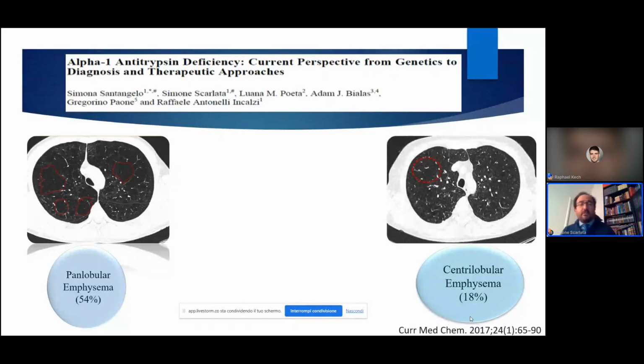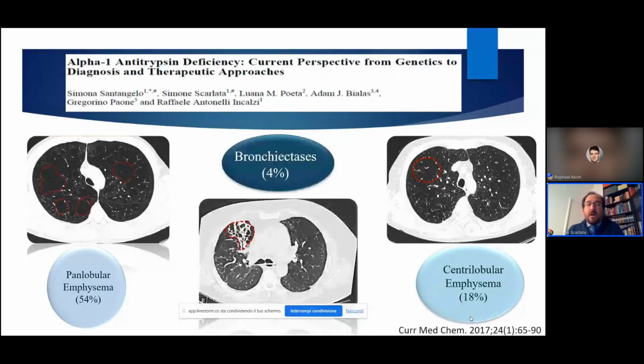Together with the panlobular emphysema, we should cite the centrilobular emphysema occurring in about 20% of patients and sharing different anatomopathological and clinical features. Other than emphysema, we cite the bronchiectasis that occurs in about 4 to 8% of subjects, again characterized by an atypical clinical presentation.